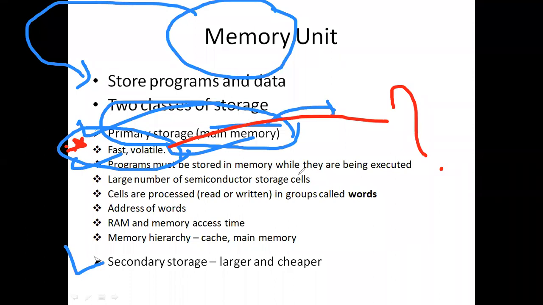And second, this memory is needed to execute any program. It consists of a large number of semiconductor storage cells. Cells are processed in groups known as words, with addresses of words, as for example RAM, and memory access time.